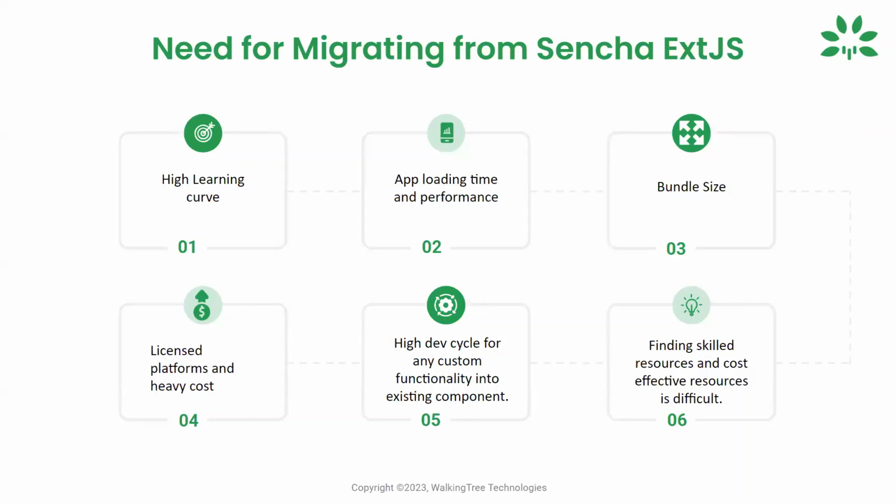And another point is the development cycle for any custom function. Of course, we have 140 plus pre-built UI widgets or components in ExtJS, Sencha ExtJS, but we know that at any point of time, not all the components will fulfill all the desired functionality of a web application.